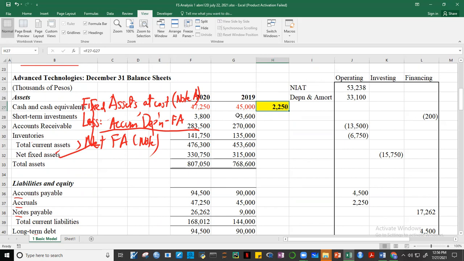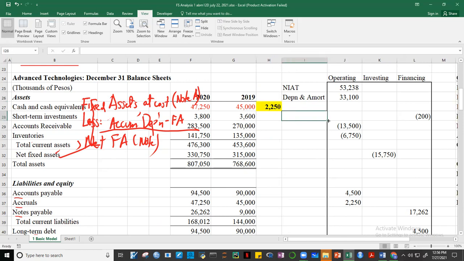We started at 45,000 and ended at 47,250, so the difference is 2,250. So the question is, where did this come from? That's what we're computing here in the template, because that is what we will put in the statement of cash flows. We should be able to show where in the world this 2,250 came from.